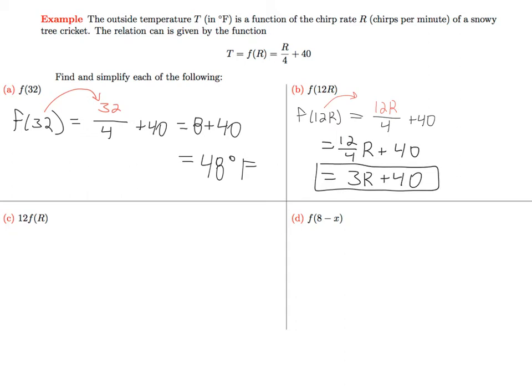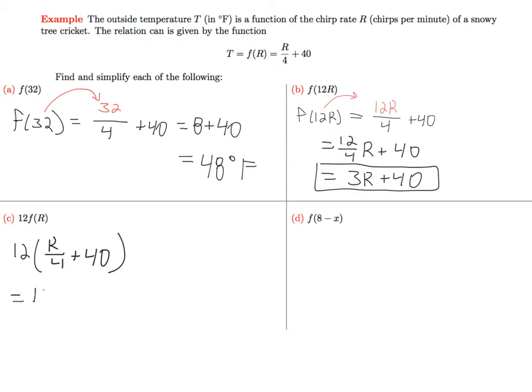In part C, we now are going to take 12 times the expression for f of R, which is R over 4 plus 40. And so now I'm going to multiply this entire expression by 12.